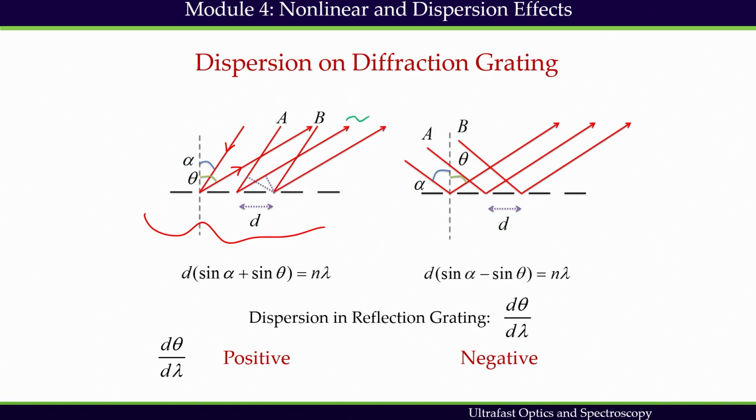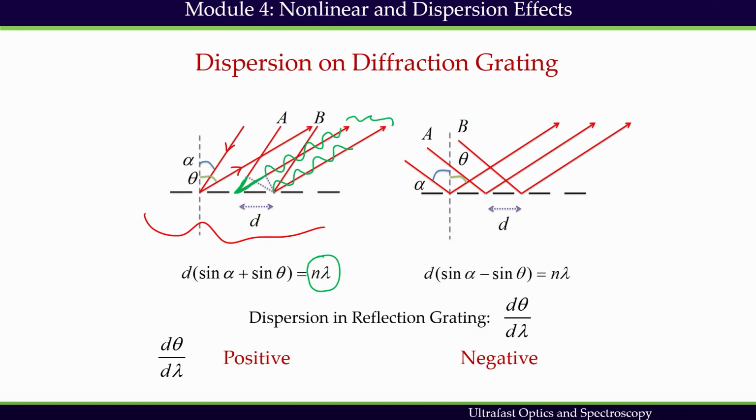These two beams can interact constructively, I can have constructive interference only when this extra distance traveled by A has to be n lambda to have that constructive interference.